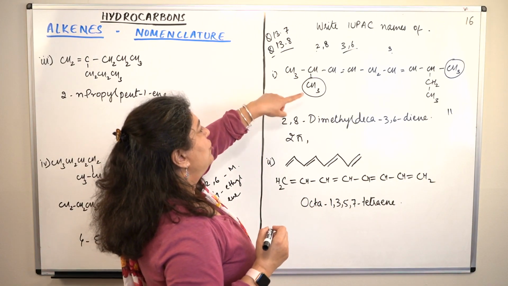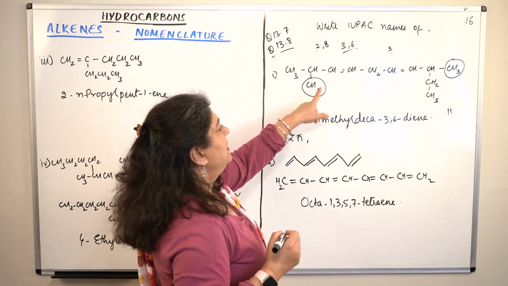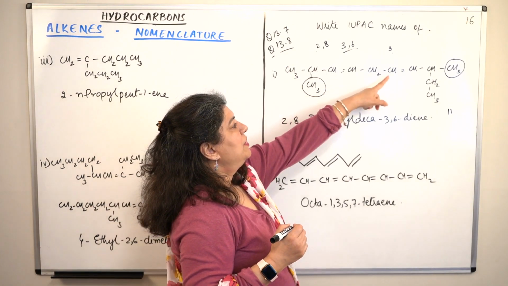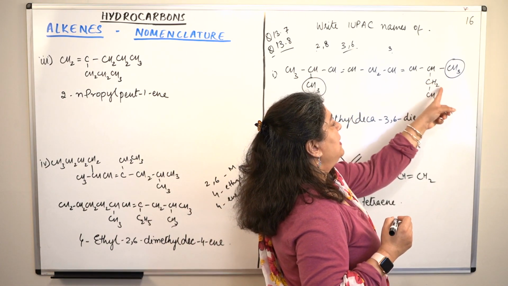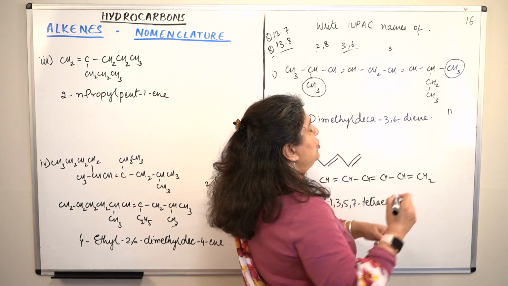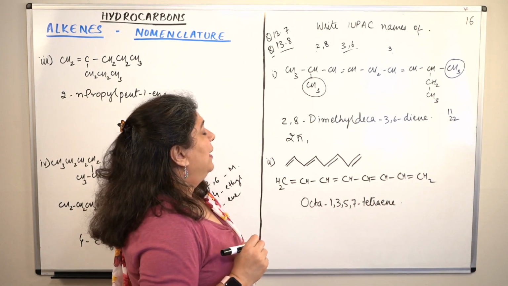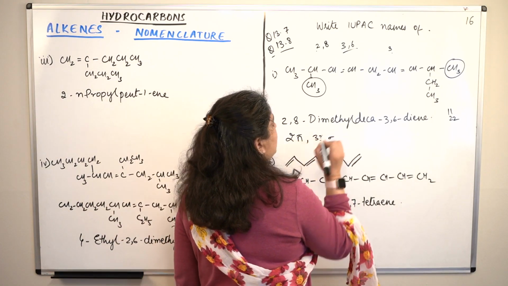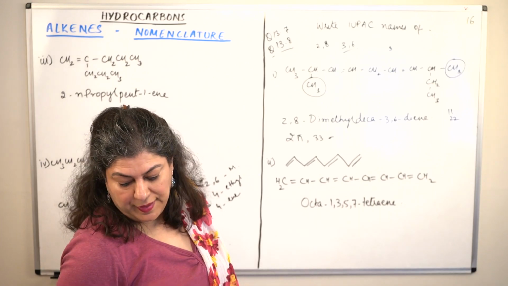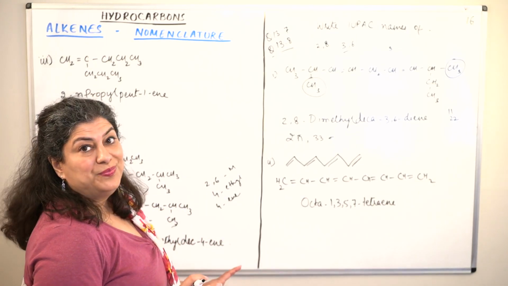With every hydrogen there's a sigma bond, and 22 are with hydrogens. So 11 plus 22 makes 33 sigma bonds, and pi bonds are 2.